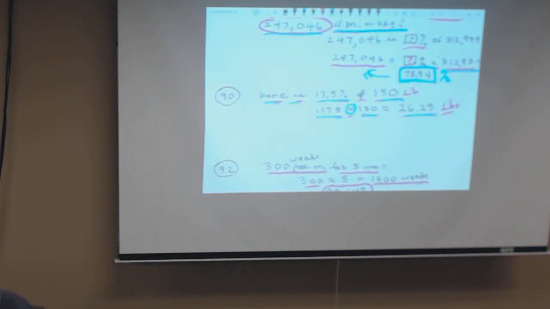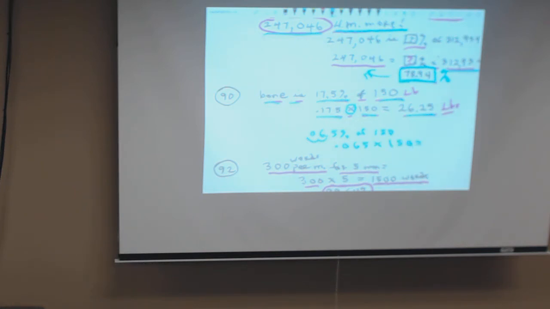How many pounds of organs does the person have? So what are organs? 6.5% of 150. That would be, move it over 2 places, 0.065 times 150.